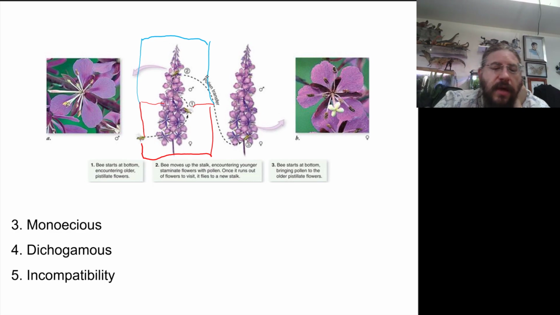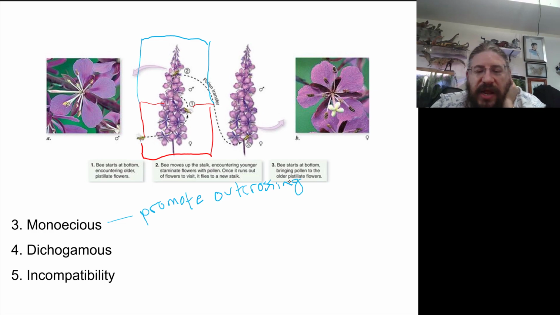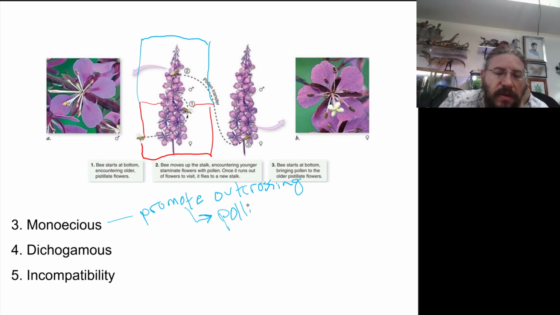So the cool thing about these is to promote outcrossing. In other words, to prevent self-pollination, we have kind of two fascinating mechanisms. One, you can have separation, outcrossing by pollinator behavior.